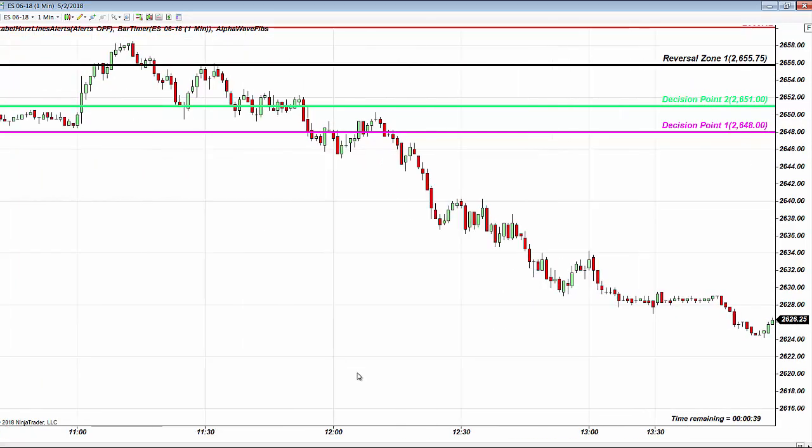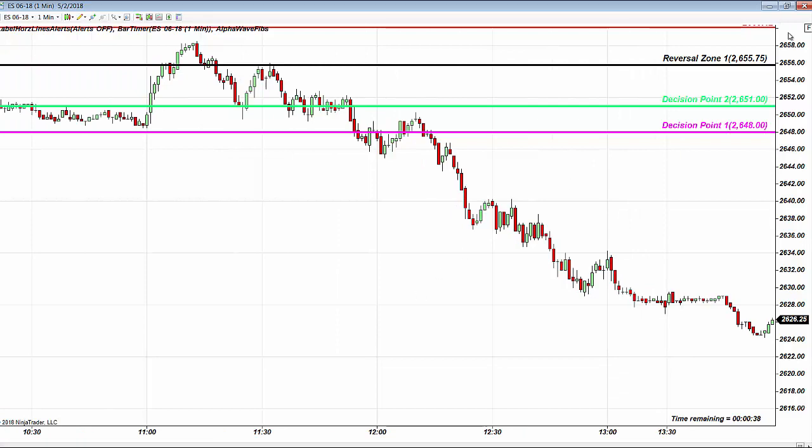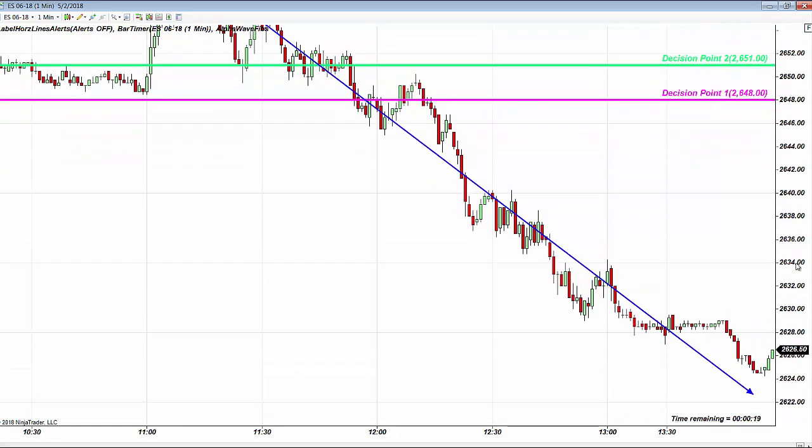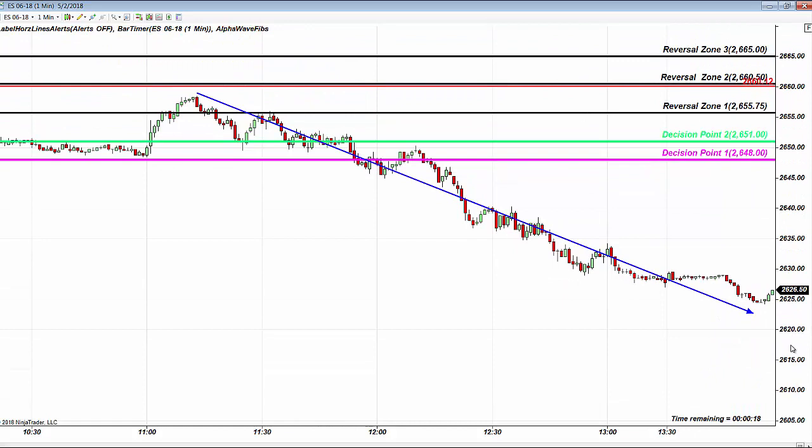Everyone seeing this? It's a reversal zone, ladies and gentlemen. No ifs or buts about it. Clear on that? S&P collapsed from reversal zone just like Euro, just like Tesla. Everyone seeing this? Are you surprised?